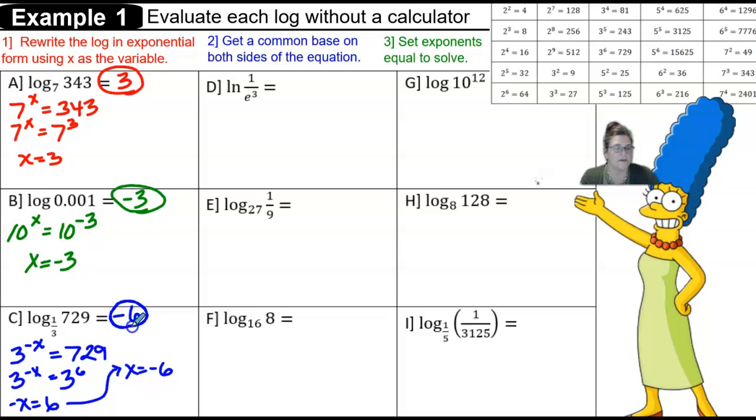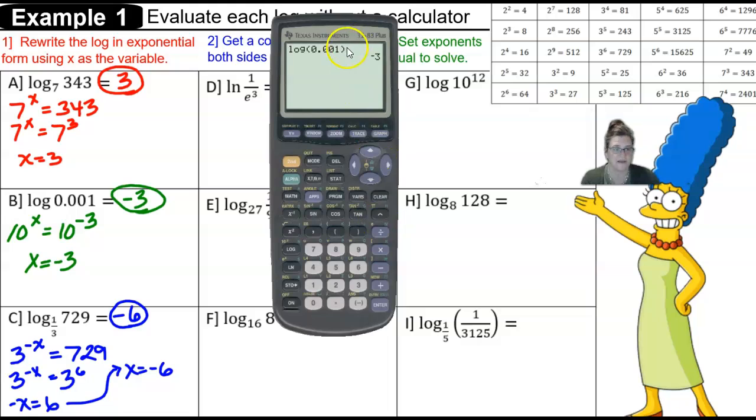Now, there's no button on the calculator for the TI-83 that lets me evaluate a logarithm of a base other than base 10 or base e, but I can work backwards to check my answer. Remember, we were asking what exponent do I need to put on 1/3 to equal 729.